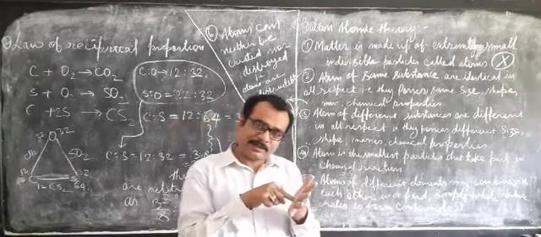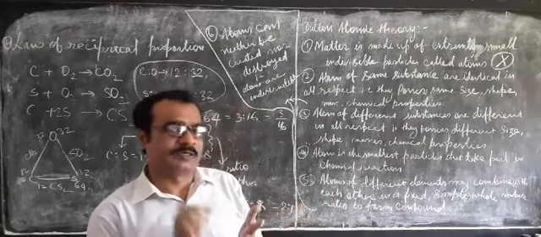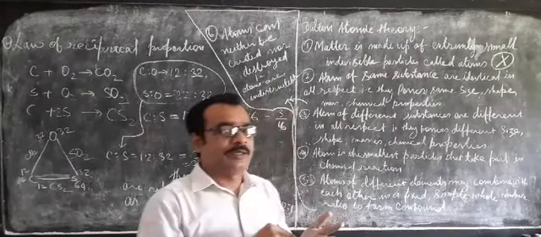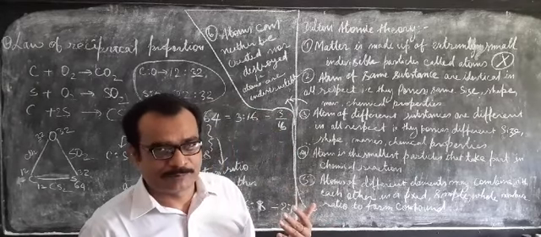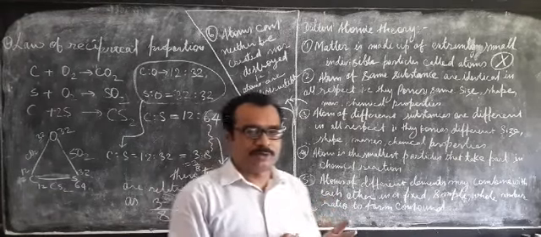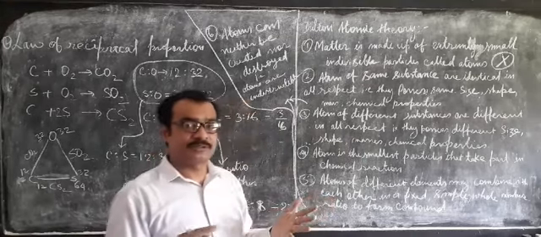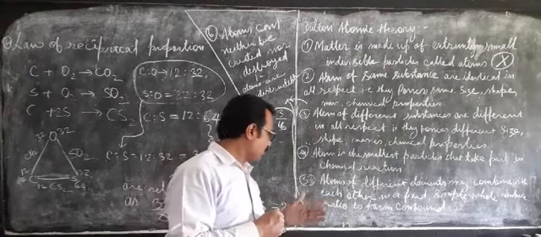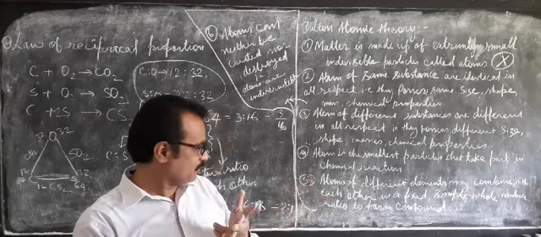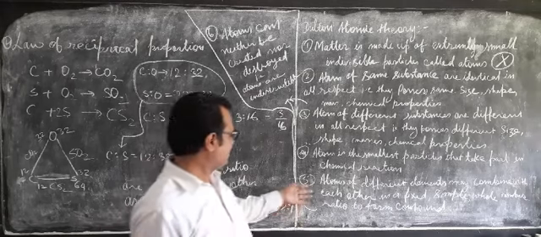When hydrogen and oxygen interact in 1:8 ratio by mass, it forms water. When the same hydrogen and oxygen react in 1:16 ratio, it forms hydrogen peroxide. That means when water is formed, the ratio remains fixed at 1:8. When hydrogen peroxide is formed, the ratio remains fixed at 1:16. These are things which we discussed in the previous video. So we know that atoms react with one another in a fixed and whole number ratio to form a compound. So even this fifth one is correct.